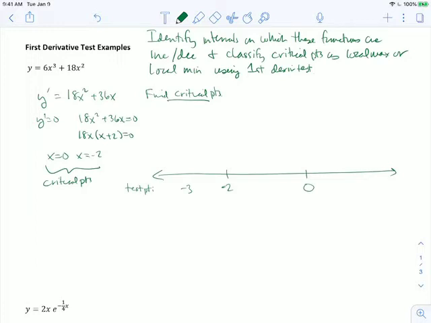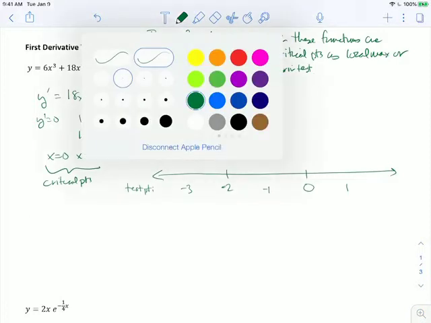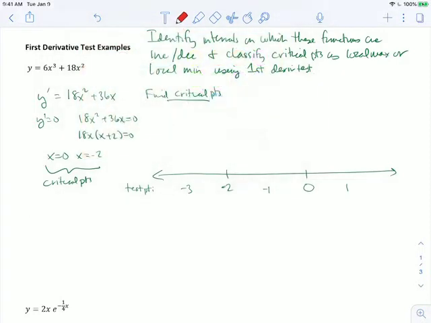For numbers between -2 and 0, -1 is a nice choice. And for numbers bigger than 0, I'll let 1. And let me change the color on these so that we're not confusing the test points with the critical points. So my test points are -3, -1, and 1.